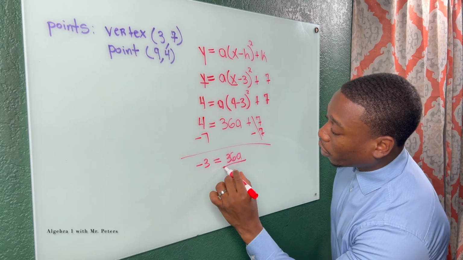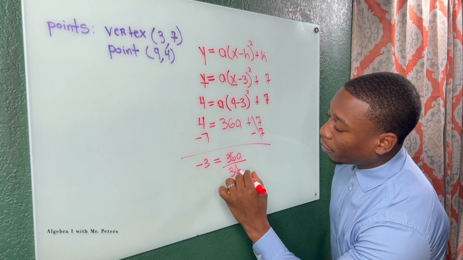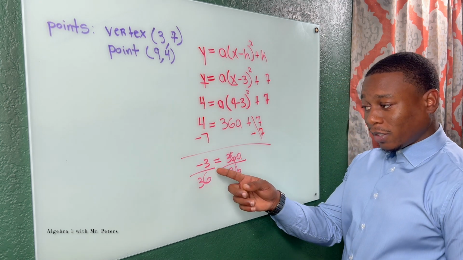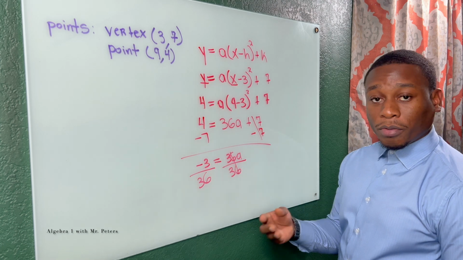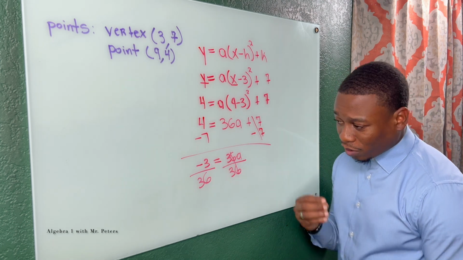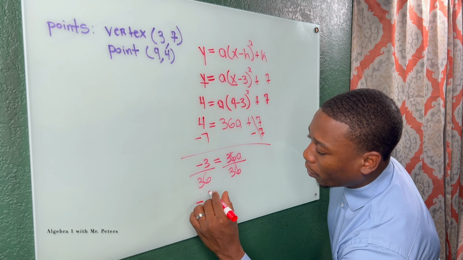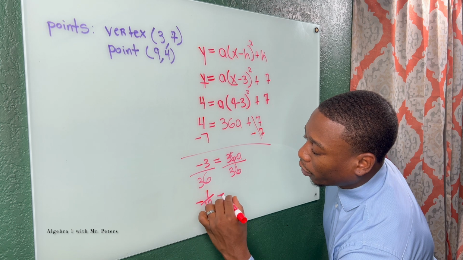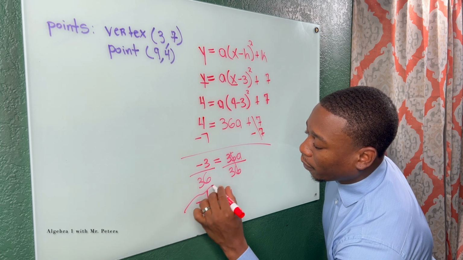Now at the end of this, we're going to get a by itself by dividing by 36. And I know that a is equal to negative 3 over 36, but if we reduce this fraction and divide top and bottom by 3, we should get negative 1 over 12 is equal to a.